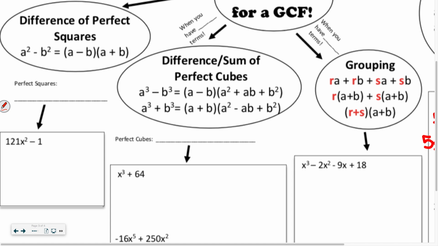So on that perfect squares line, let's just write down a few perfect squares so that we recall what that list looks like. 49, 64, 81.